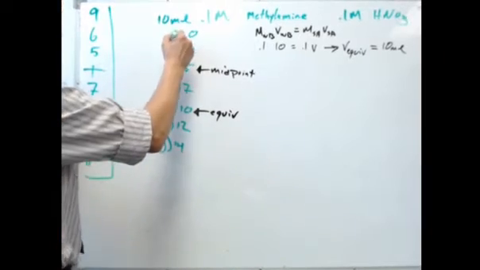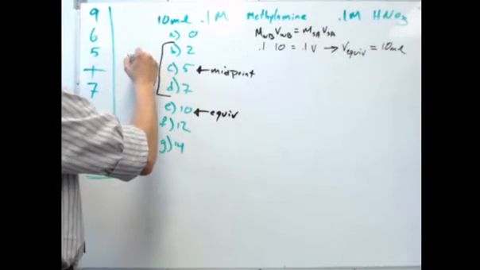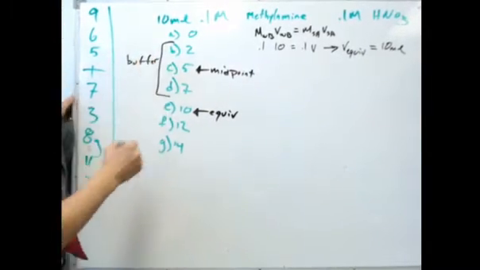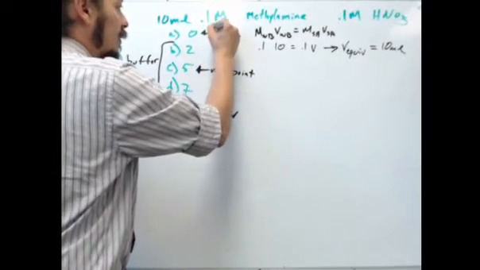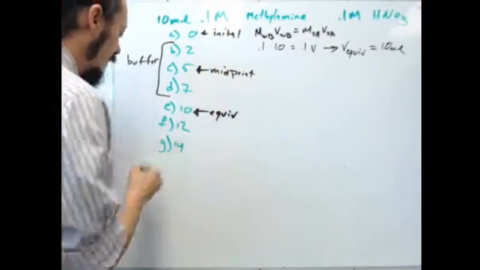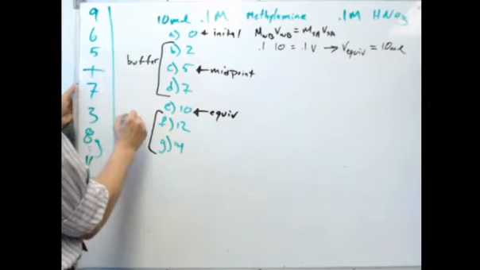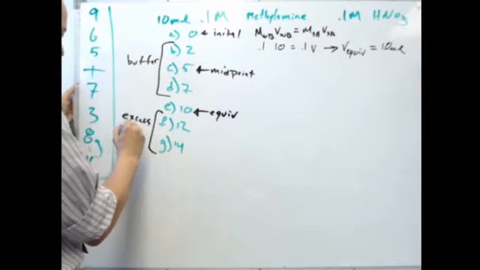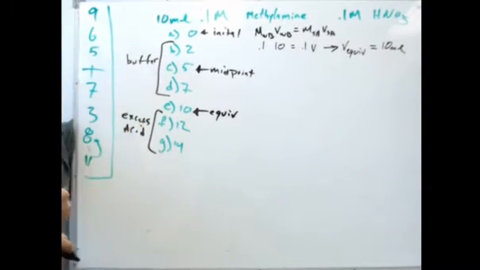That also allows me to recognize all of my buffers, and of course I've also got my initial, and then I've got my excess acid. So the first thing I do when I'm thinking about this problem is I just break it up into the different calculational parts, right?